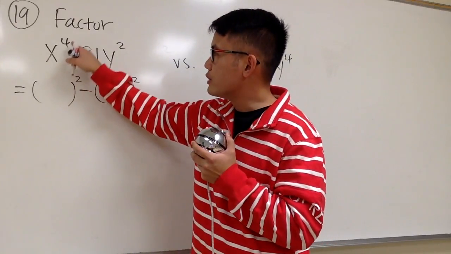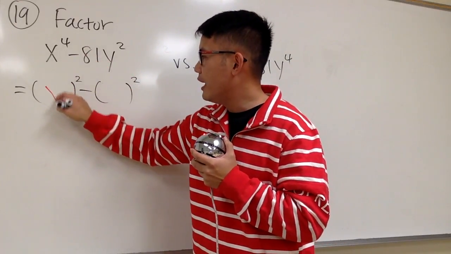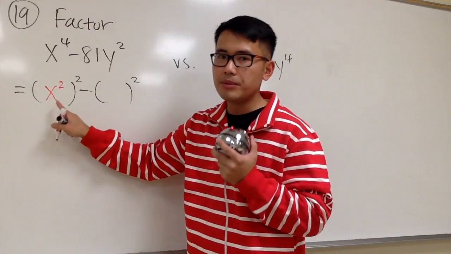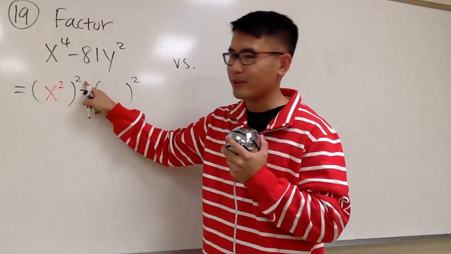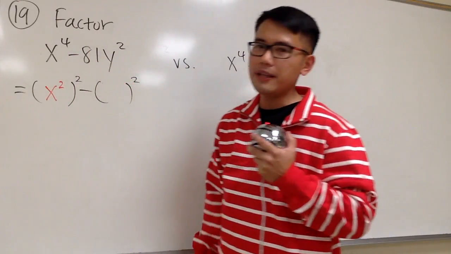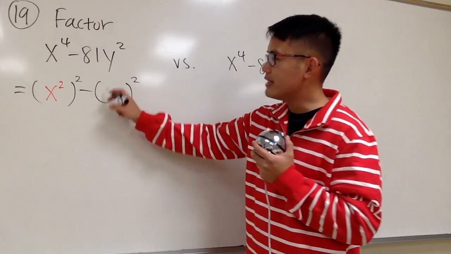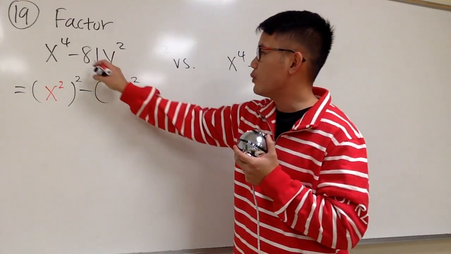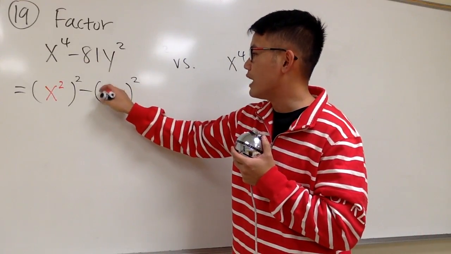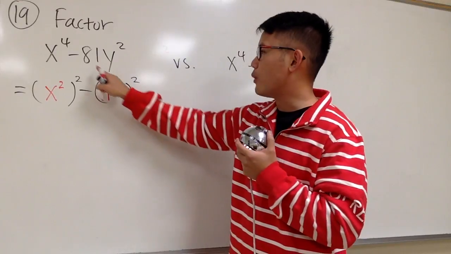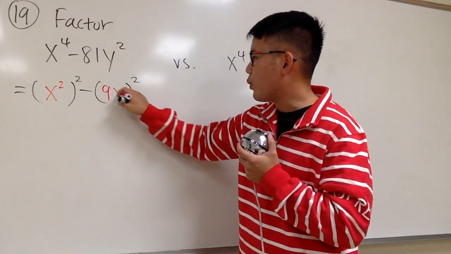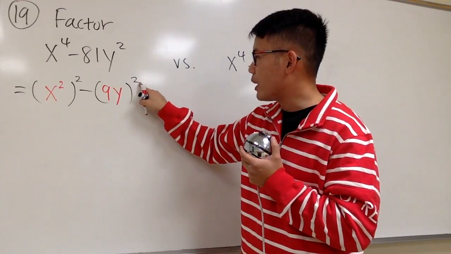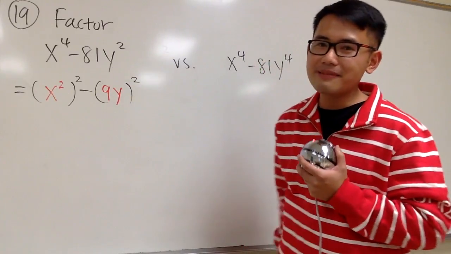Well, to get x to the 4th power, I need to have x squared inside because x squared raised to the 2nd power, we multiply these 2 exponents, 2 times 2 will give us the 4, right? And for the 2nd parentheses, as you can see, we need to get 81, therefore we should have the 9. 9 to the second power gives us the 81, right? And here we just need a y, because y to the second power, yes, y to the second power, right?